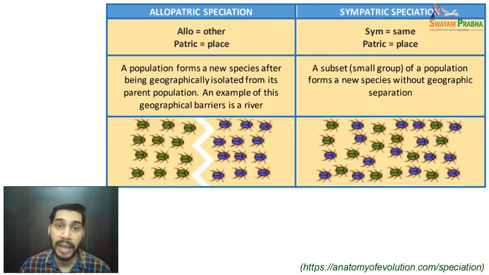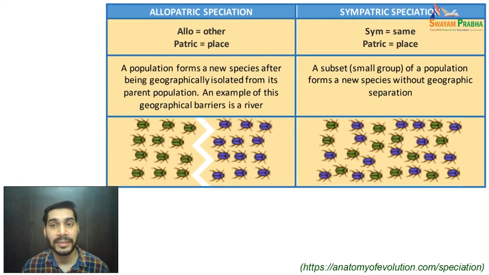It can be a high mountain range, or it can be a large desert, and so on. So let us say this was the combined population, and because of this barrier, this population has split into two different species which are unable to breed with each other. And as the name suggests, they are at two different places.